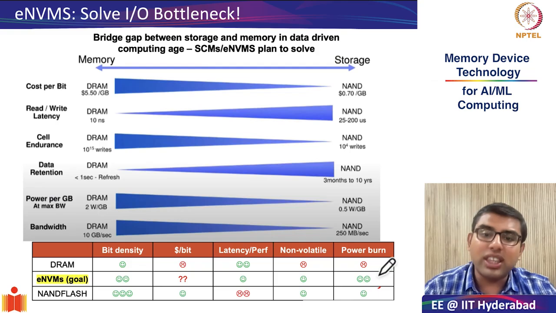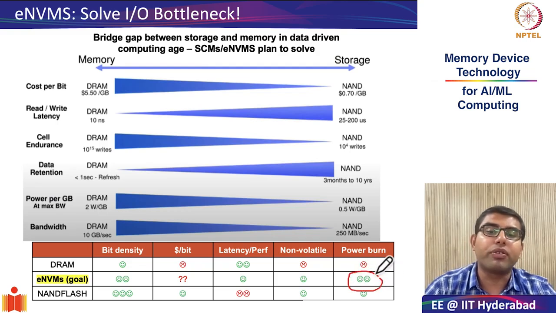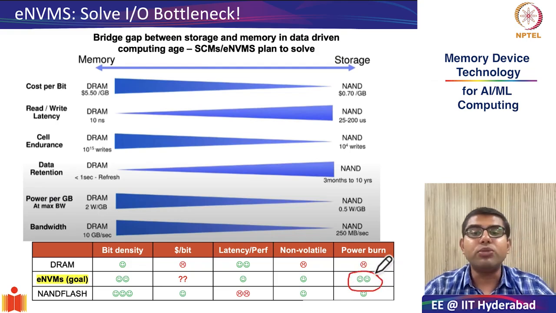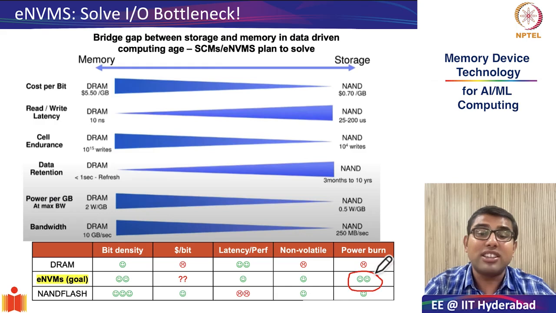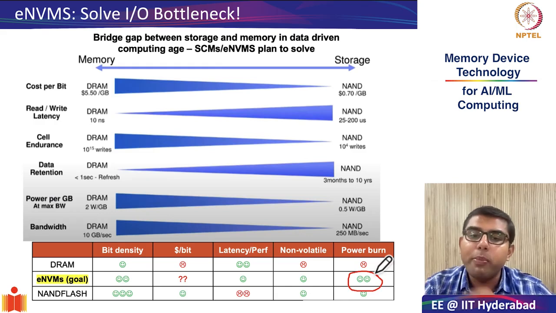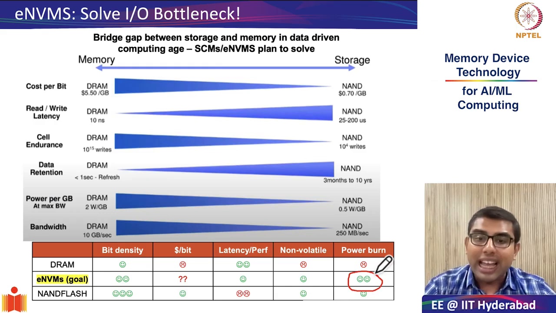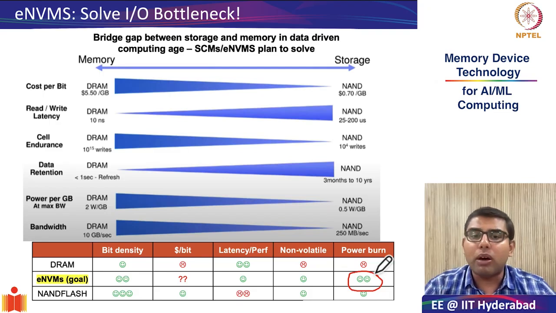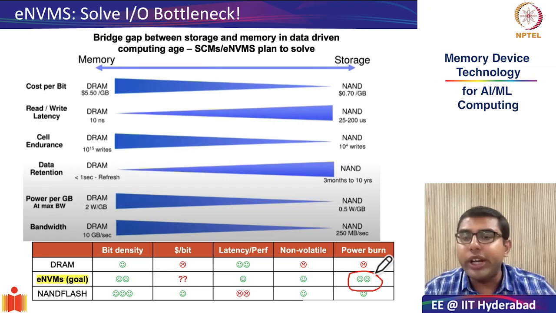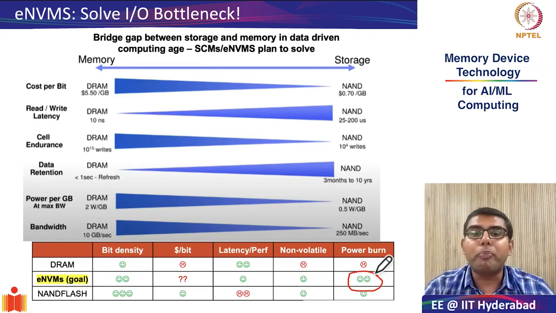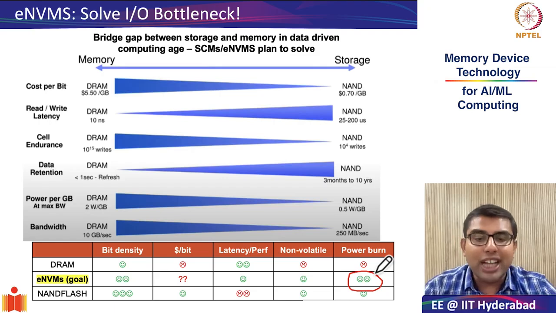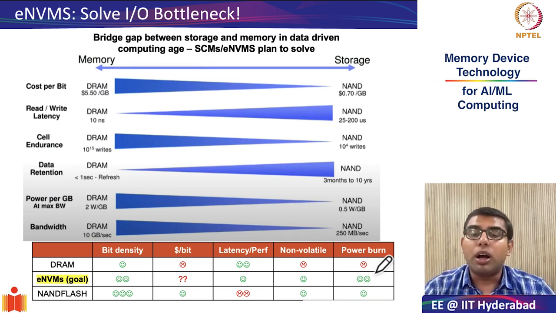And the final thing which seems very lucrative in the case of eNVMs is the power burn. And this is what we will speak about in a little bit of detail. I have noted over here that DRAMs generally had very high power burn. We gave the reason that charge is continuously leaking out, so you need to refresh. That causes a lot of power burn. Whereas with NAND flash, once you store the information, you don't need to keep refreshing, so it helps in power.